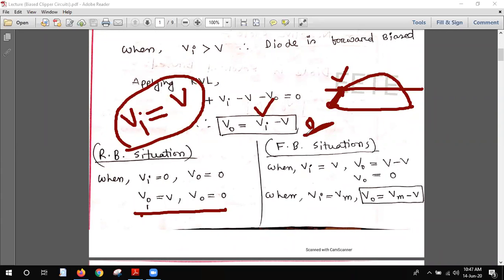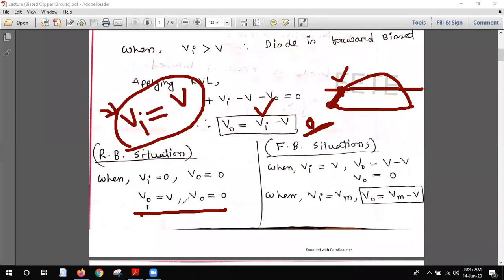When this level is crossed, the forward bias starts. So you can see from this mathematical derivation also that when Vi equals V, that is the middle point, the point where the transition will happen. From there on the transition will happen.